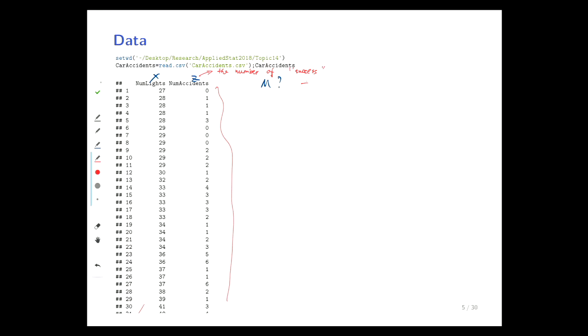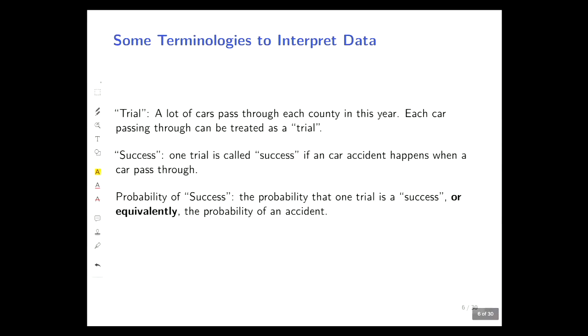M is the number of trials. Each trial means a car passing through, so the number of trials is actually the number of cars that pass through each specific county.